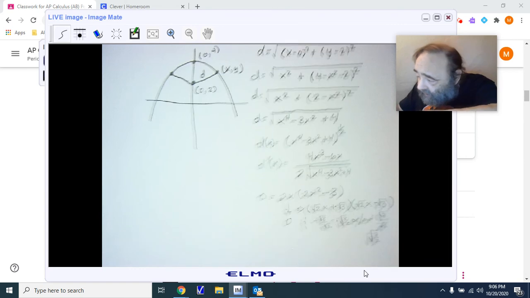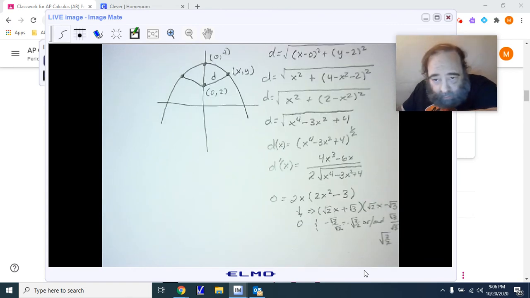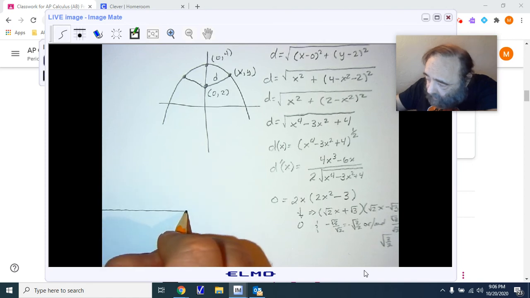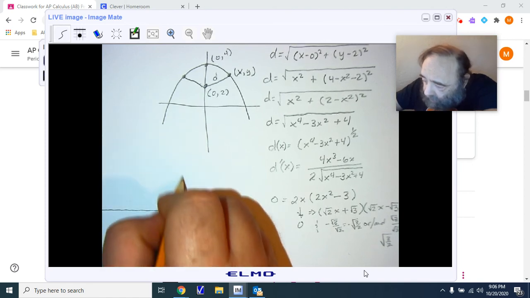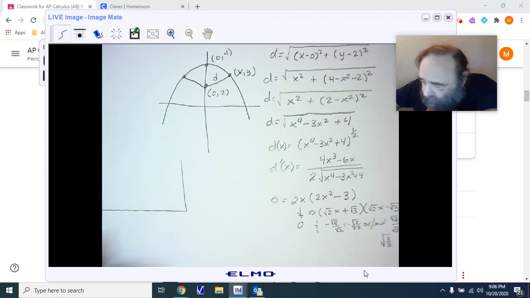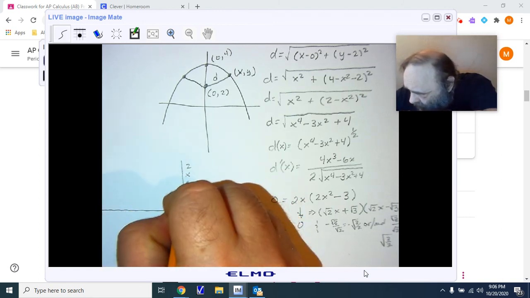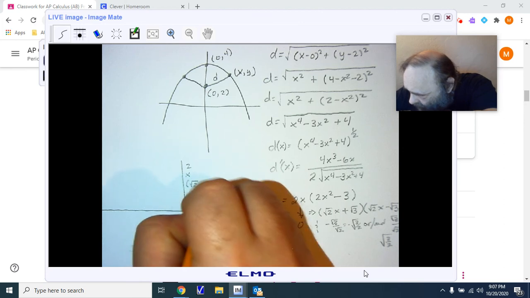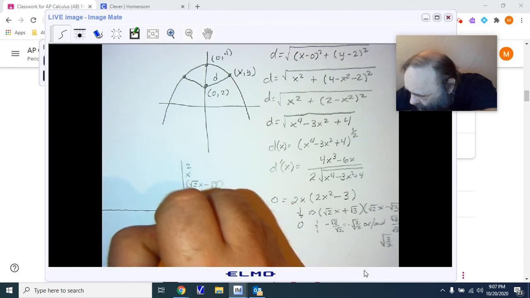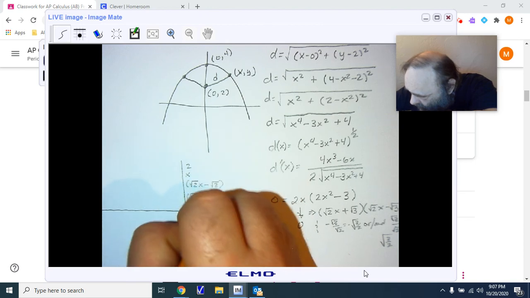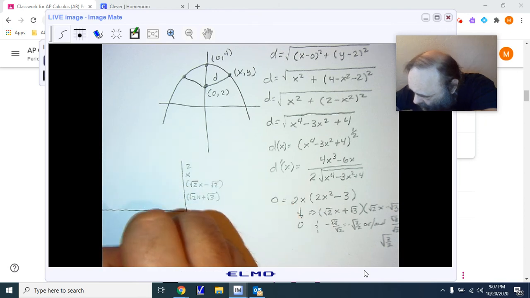Now, I need to figure out what's what. I suspect that it's going to be the two mirrored images. But let's just see how we can use our first derivative test to help us. So I'm putting in each factor one at a time, and my values.